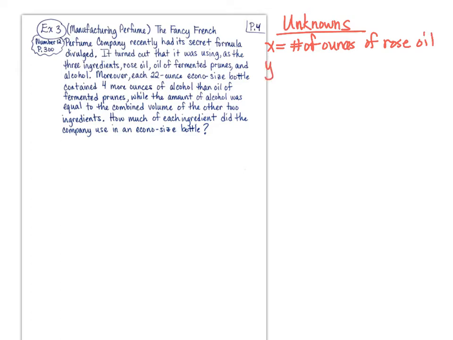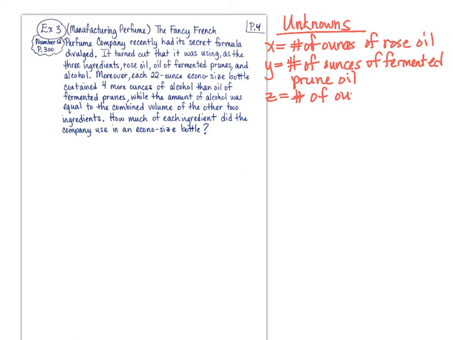Let's call Y the number of ounces of fermented prune oil. And then Z is going to be the number of ounces of alcohol. Okay, so those are our unknowns.